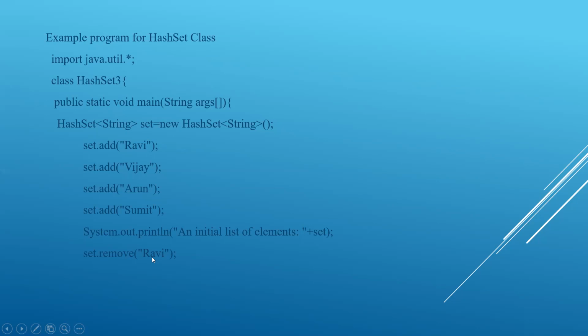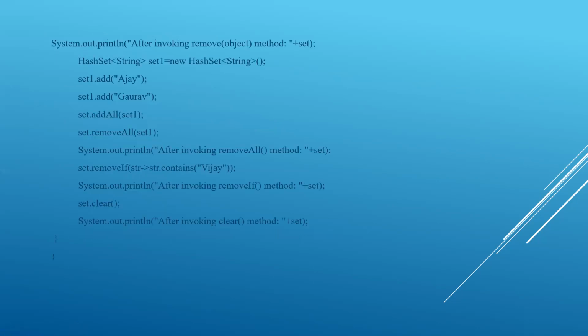This remove method is used to remove a particular element from the set. Next, here I'm creating one more set with an object set1, and here I'm adding some elements. Here see, this is one more method called addAll. The purpose of this method is to add all the elements of the set1 object into set. That is, the elements of the second set are added into the first set.